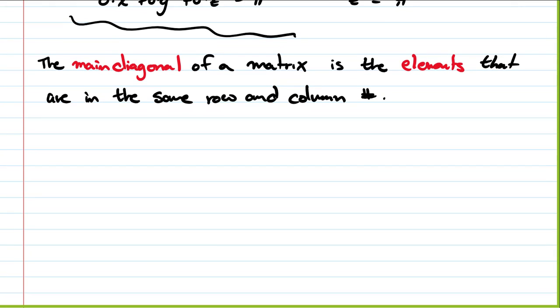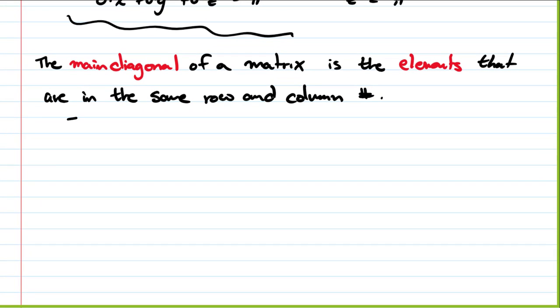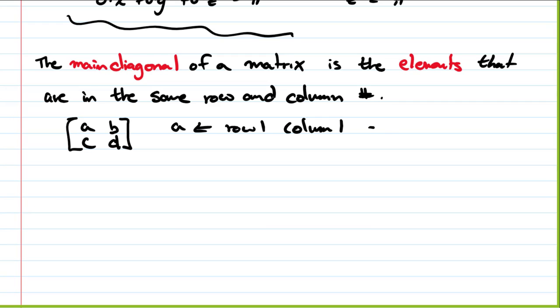So, for example, if I had a 2 by 2 matrix filled with the elements A, B, C, D, A is in row 1, column 1. So it is on the main diagonal.